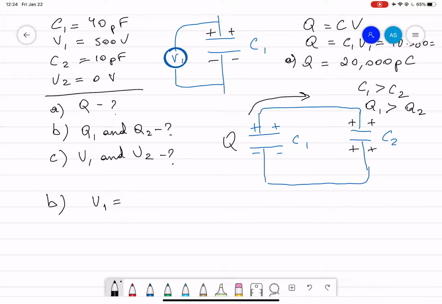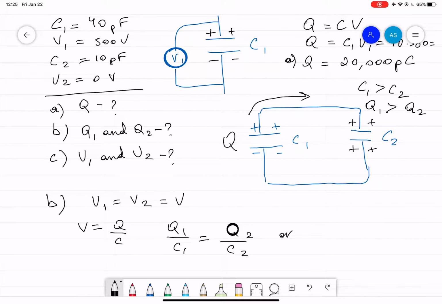So V1 is equal to V2, which is V. Since some of the charges moved to C2 and some were left in C1, and the formula is V equals Q over C, right? This is the general formula. So since V1 and V2 are equal, we can say that Q1 divided by C1 is equal to Q2 divided by C2.